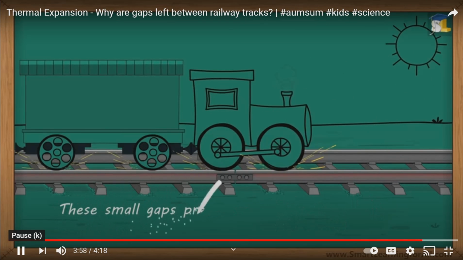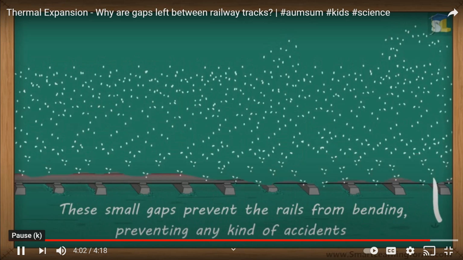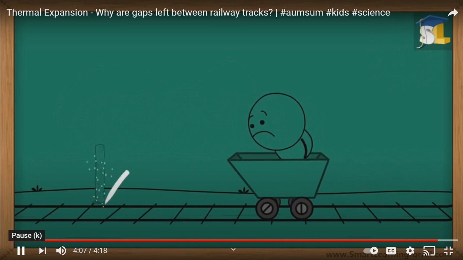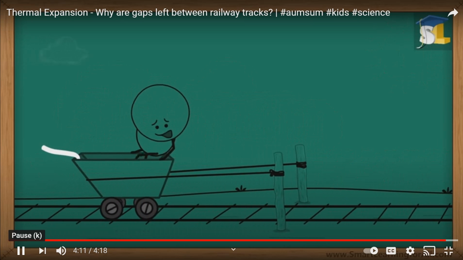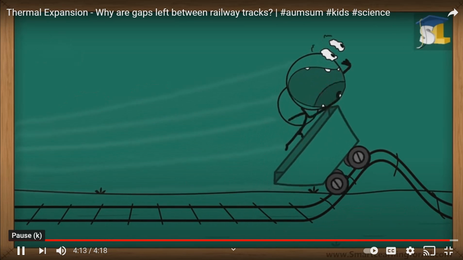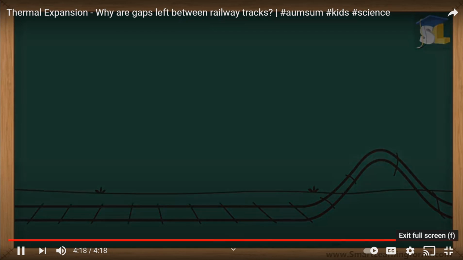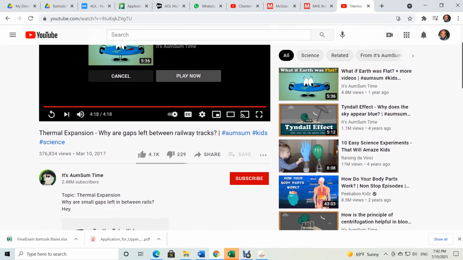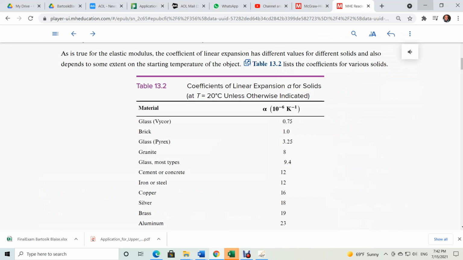Hence, these small gaps prevent the rails from bending, preventing any kind of accidents. Okay, so that's the gap that they put there in the rails.